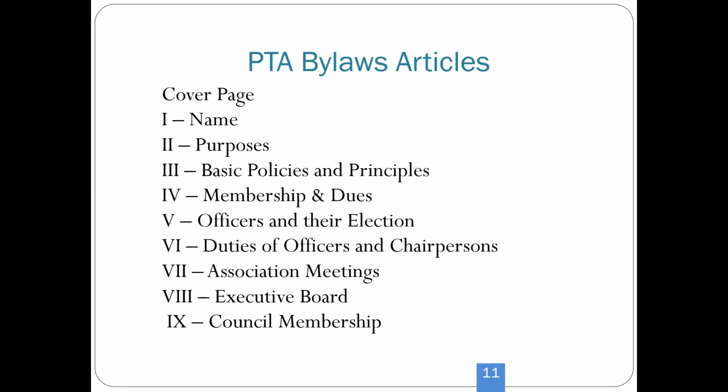Your executive board is in section 8. Your executive board is defined in that section. It usually includes your principal, a teacher rep, your officers, and your standing chairs. You would take that total number and divide it in half plus 1. So it's a simple majority, half plus 1.